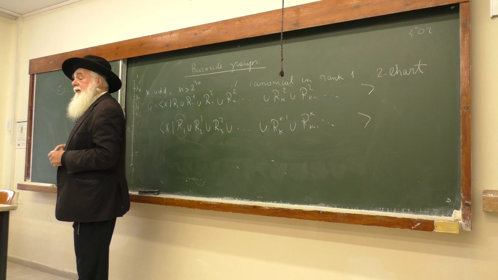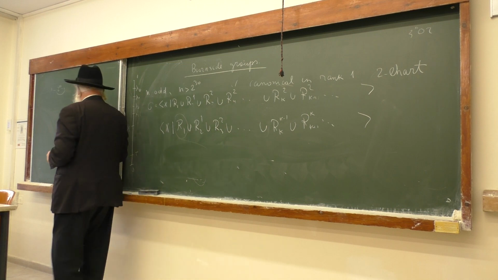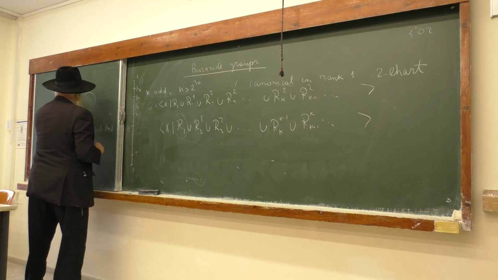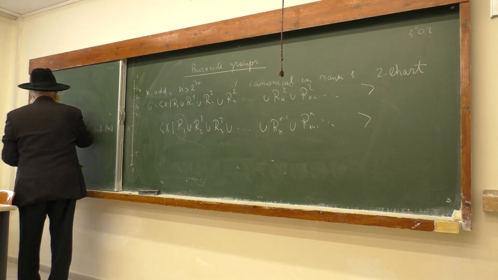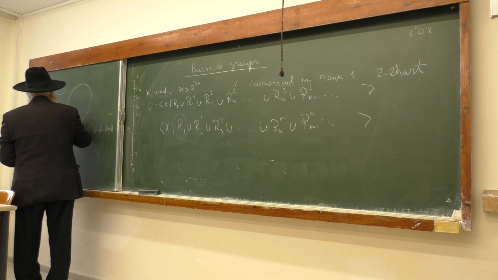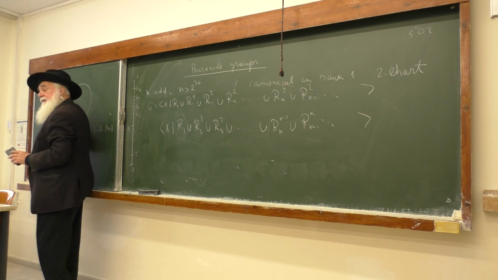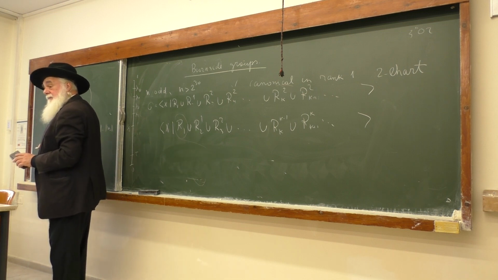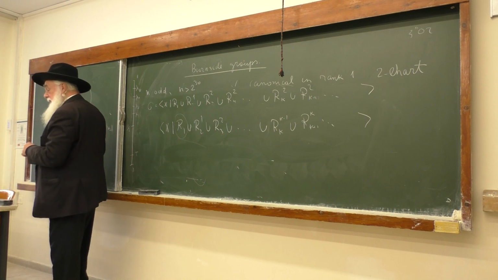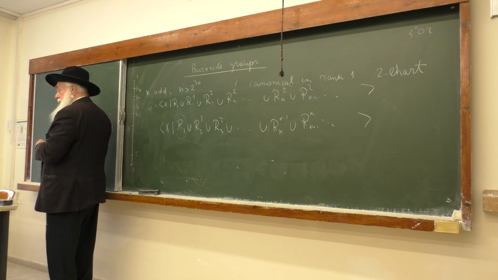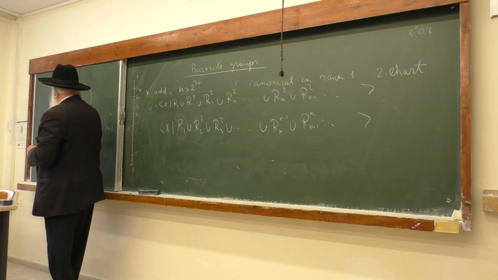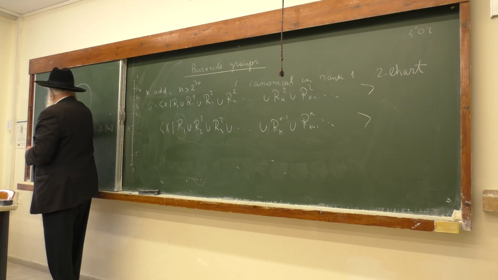Now, the worst case is that this is very short and this is very long. This is on one side of this level and this is on the other side. So it means that it actually could be something to the power 10 plus 2 to the power 10.